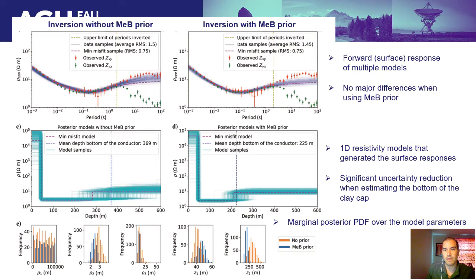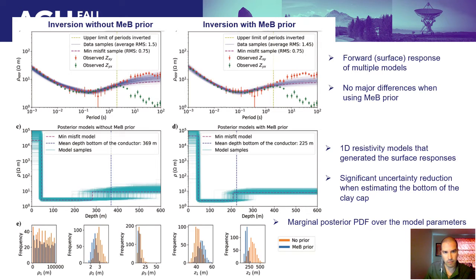In the first two plots, what you can see is the place where we fit the data. Those blue lines show our estimations from the Bayesian inversion. And so far, you can't notice any significant difference between using the methylene blue prior or not. But when you go to the models in the second row, those are the 3-layer models that generate the surface response to fit the data in the first two plots.